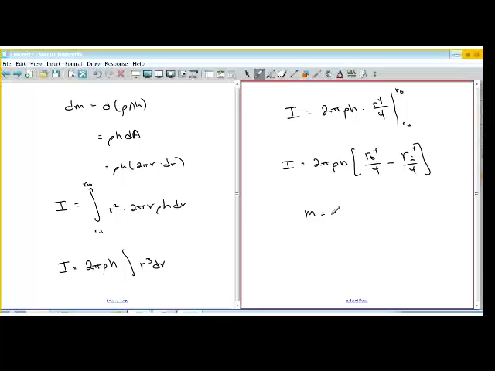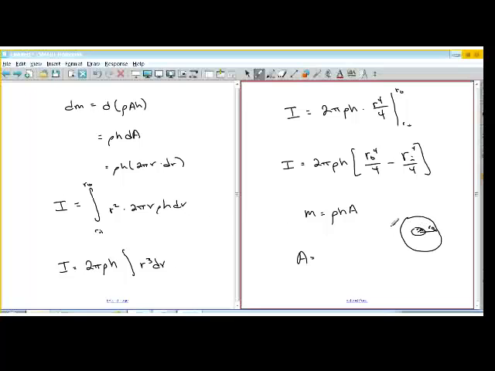But if we look at the actual mass of the object, the total mass is going to be equal to the density times the height times the cross-sectional area. Okay, so for the cross-sectional area of the total thing, you've got r sub I here and you've got r sub O out here.